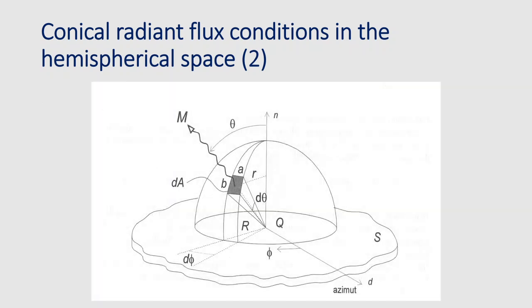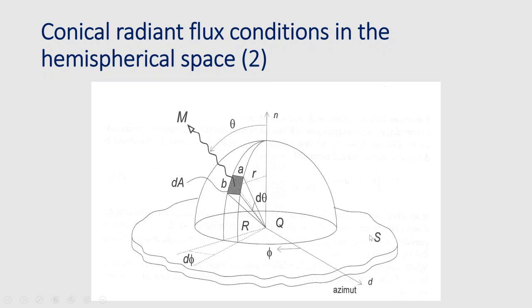So you see, this is our schema. Well, it's nothing more than what we saw before, while here we are not considering only a particular direction, but the hemispherical space. And why only this hemispherical space?